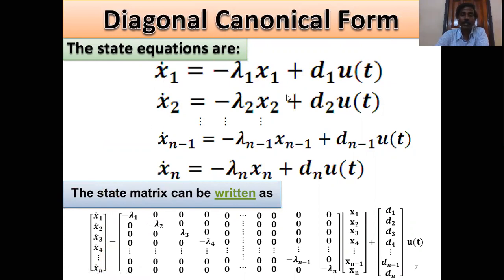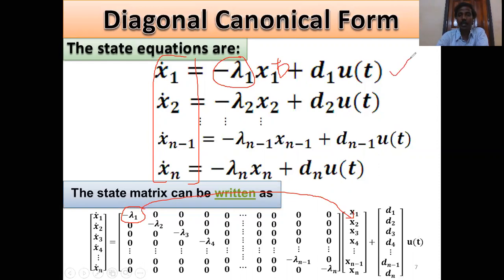The first coefficient, the x1 coefficient, is minus lambda 1, so we put here minus lambda 1 multiplied by x1. For the other terms x2, x3, x4, x5 in this position, the coefficients are all zeros. That's why x1 dot equals minus lambda 1 into x1 plus d1 into u(t).